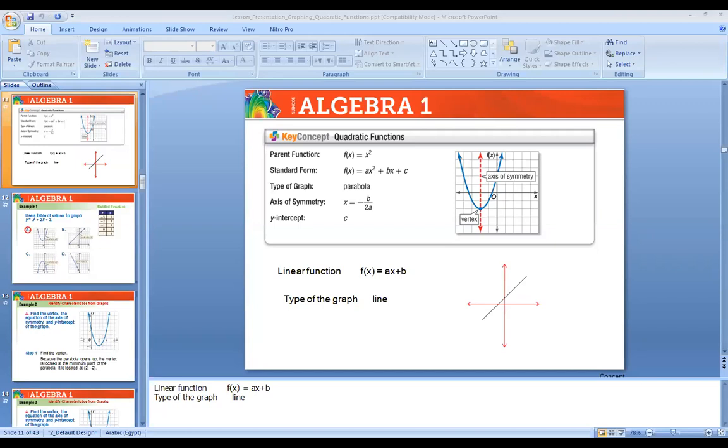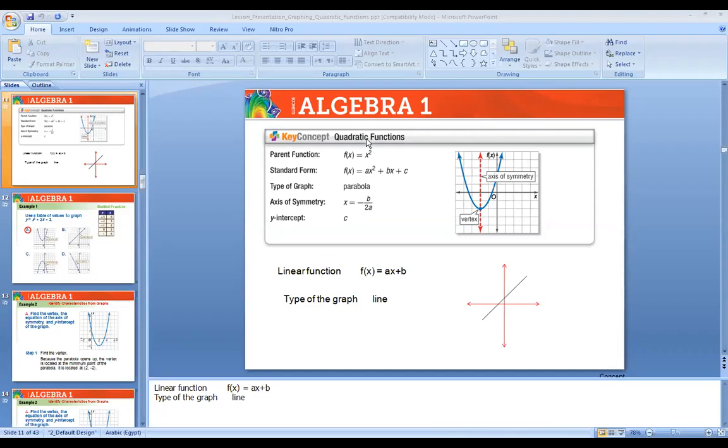We will complete the lesson about graphing quadratic functions. Yesterday we started the lesson, and we talked about the quadratic function.